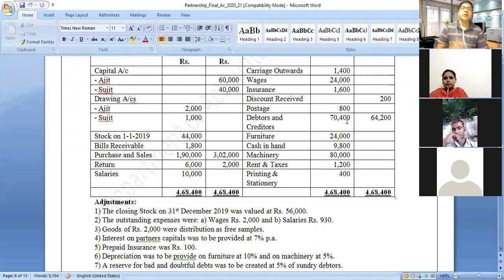3,520. Now every adjustment has two effects. Any idea about the two effects? The first effect: profit and loss account, debit side, new RDD. The second effect: less from sundry debtors.